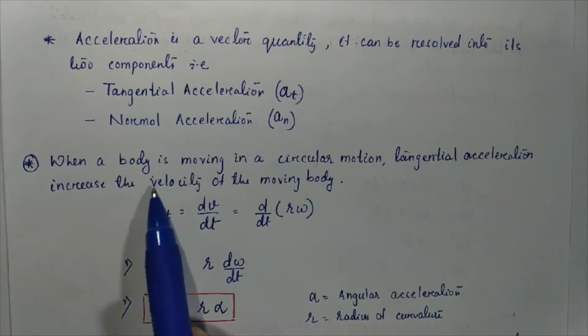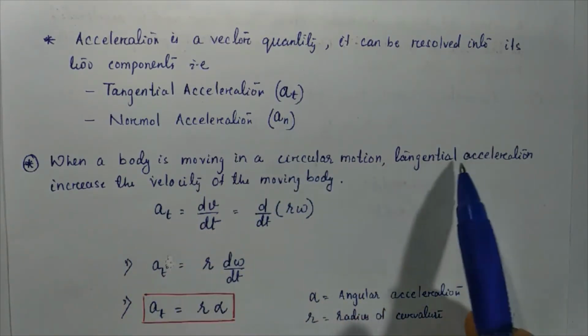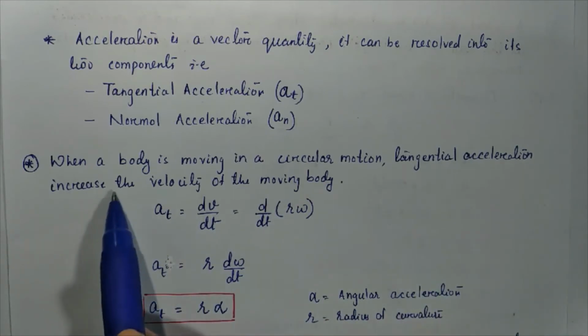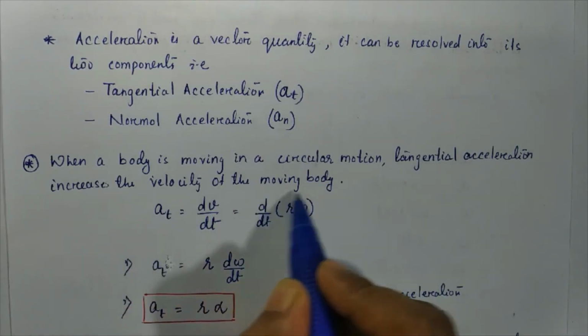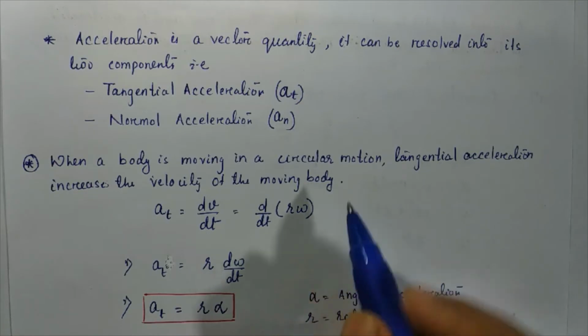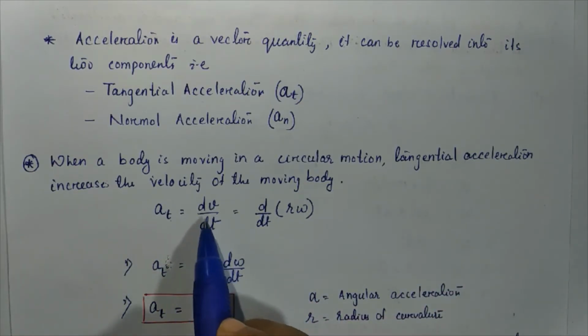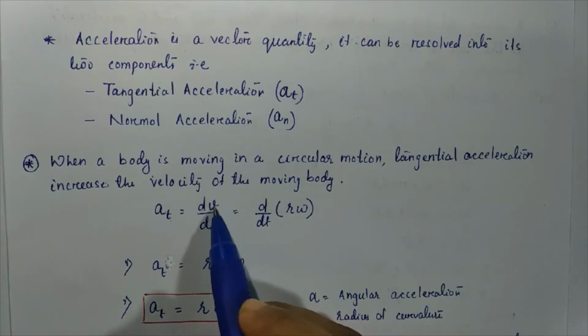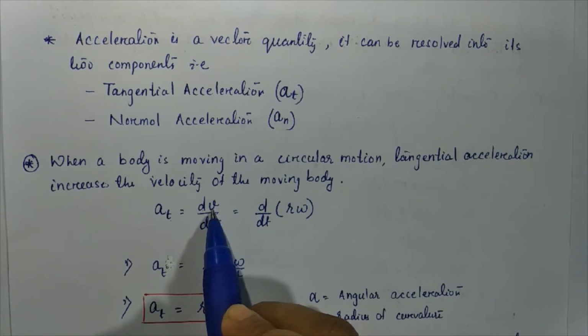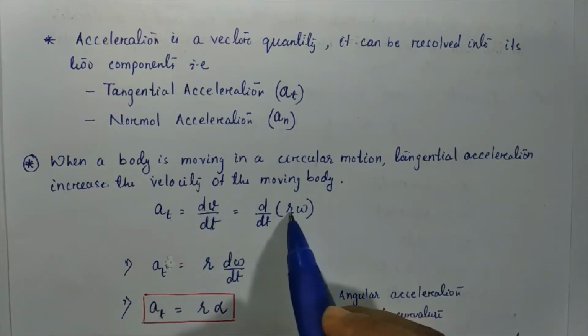When a body is moving in a circular motion, tangential acceleration increases the velocity of the moving body. So tangential acceleration is equal to dv by dt, that is change in velocity with respect to time. This velocity is the linear velocity. We already defined the relation between linear velocity and angular velocity, that is v equal to r omega. So in place of v, we substitute r omega.